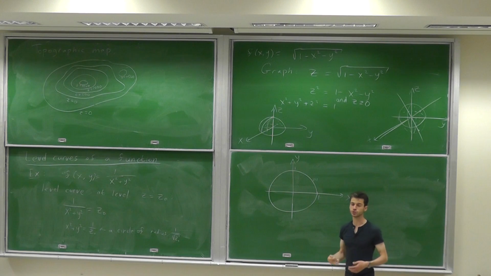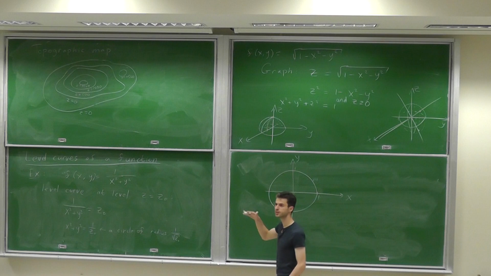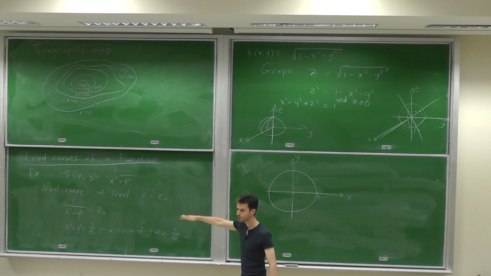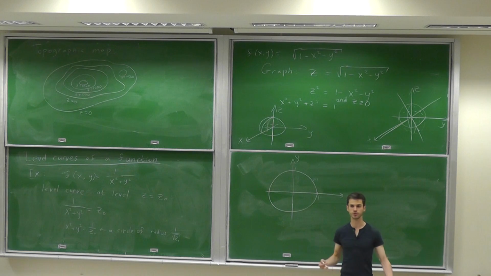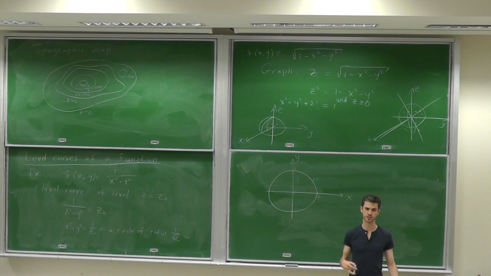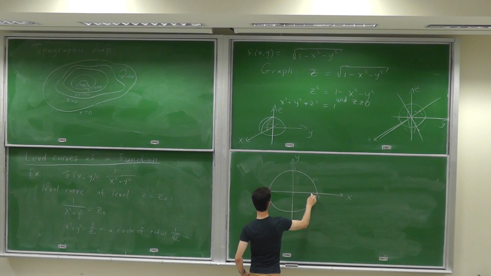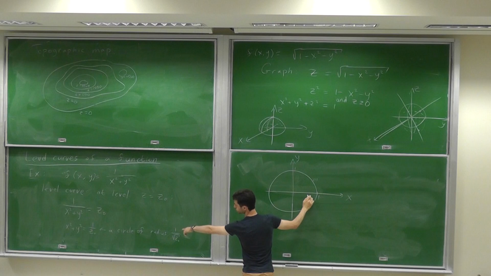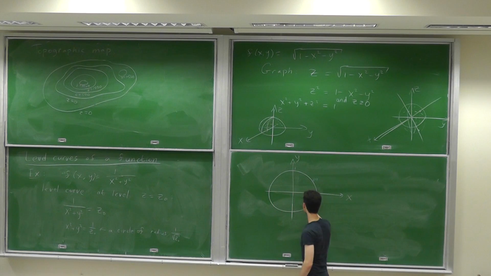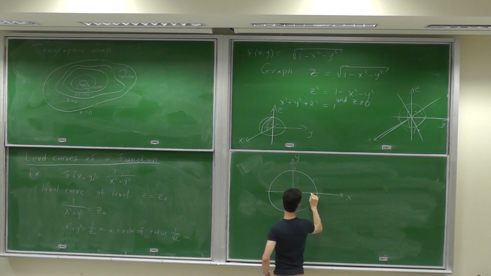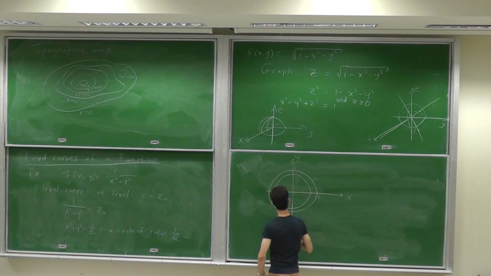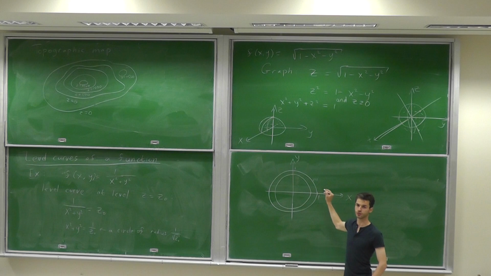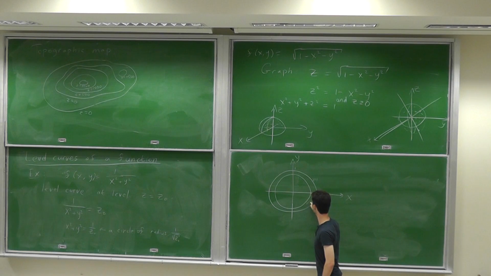Then we continue making the same step in the height and plot the level curves. So let's choose the step to be equal to 1. Let's plot the level curve when z equal to 2, then z equal to 3, z equal to 4, and so on. Z equal to 2. We should draw a circle of radius 1 over square root of 2, something like 0.7. So on this circle, the value of my function is 2.